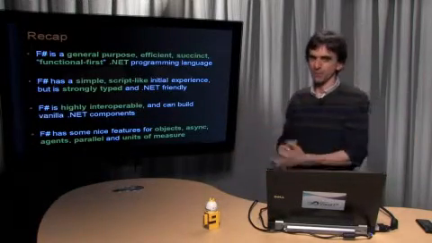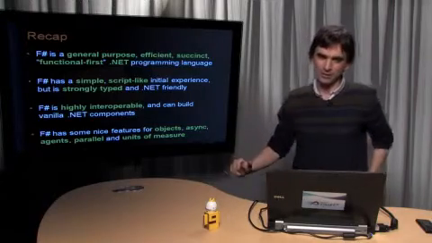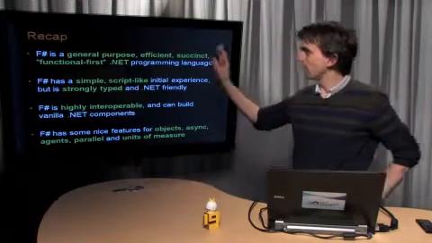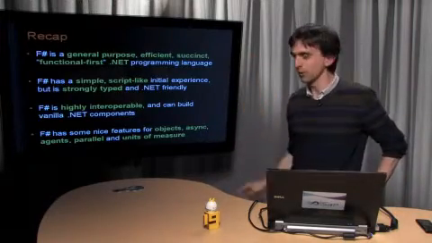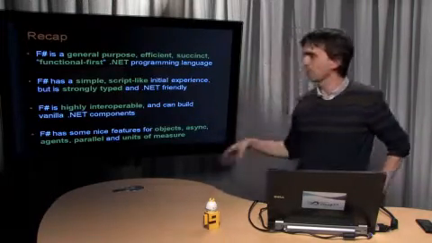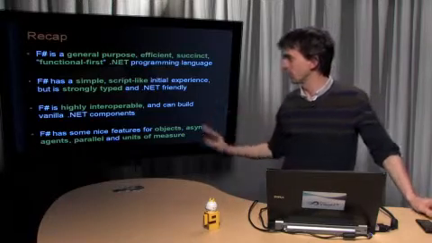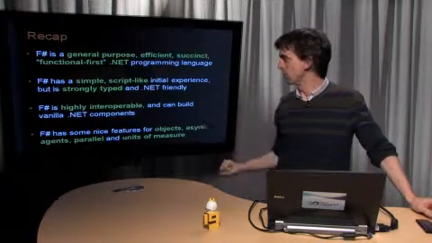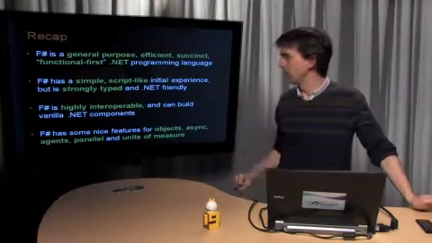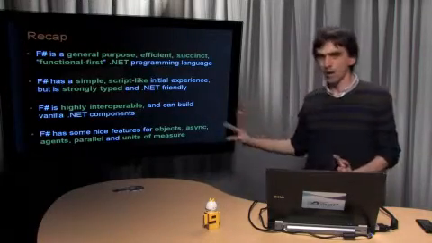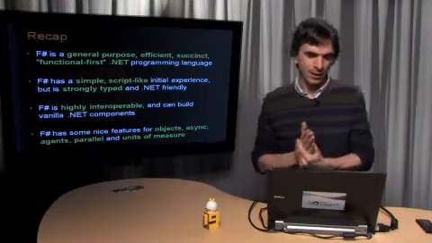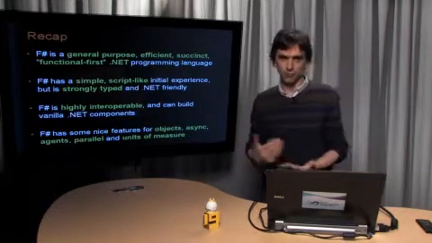First, the recap. There's the summary slide that we've been using in the first two parts. F#: a general purpose, efficient, succinct, functional first .NET programming language. Simple, script-like initial experience, but strongly typed and .NET friendly. Highly interoperable and can build vanilla .NET components. It's got some nice features for objects, async, agents, parallel, and units of measure on the language side. Plus, it's got everything you get from .NET.